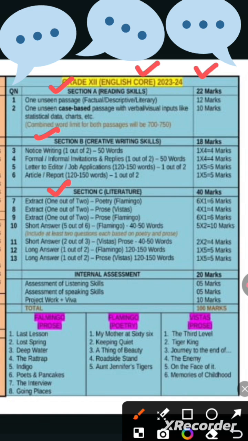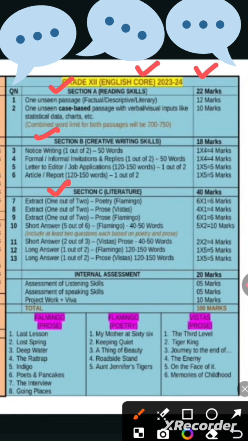How? You will have one unseen passage, factual, descriptive, or literary. It could be any one of these three. That would be for 12 marks.